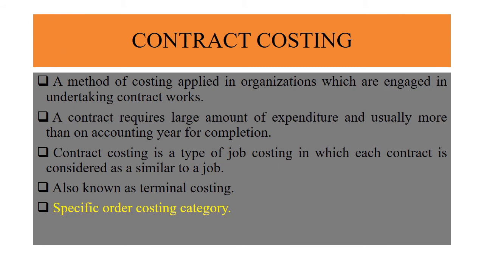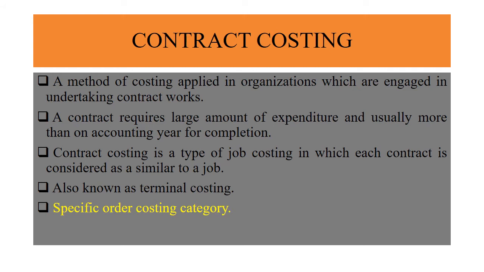When the job is big and spread over a long period of time, then the method of contract costing is used. This is a form of specific order costing under which each contract is treated as a cost unit and costs are accumulated and ascertained separately for each contract.